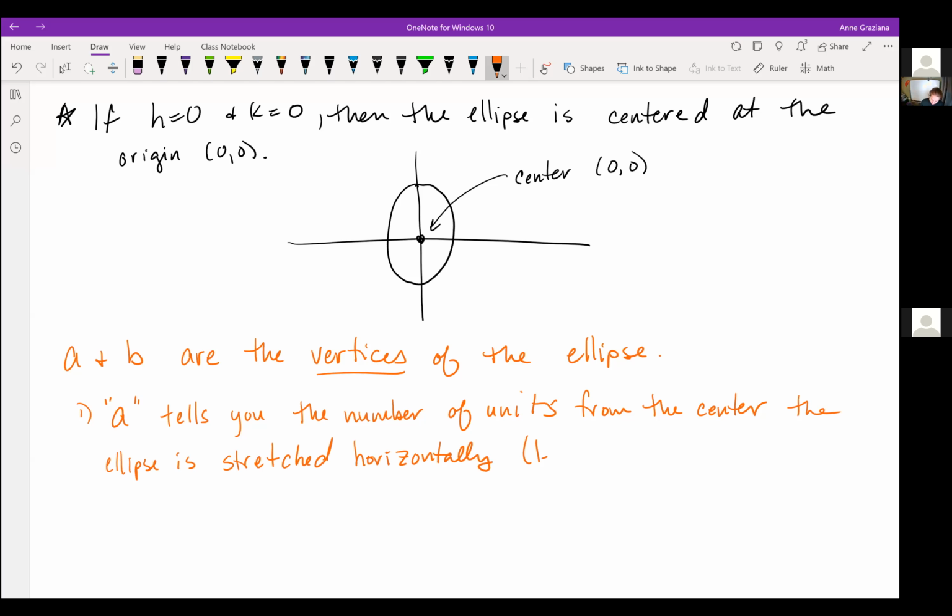Which is left, right. So in my picture up here, okay, this is a units, and then this would be a. So this distance is equidistant. So this point would be whatever a is, a comma 0, and this would be negative a comma 0, okay?